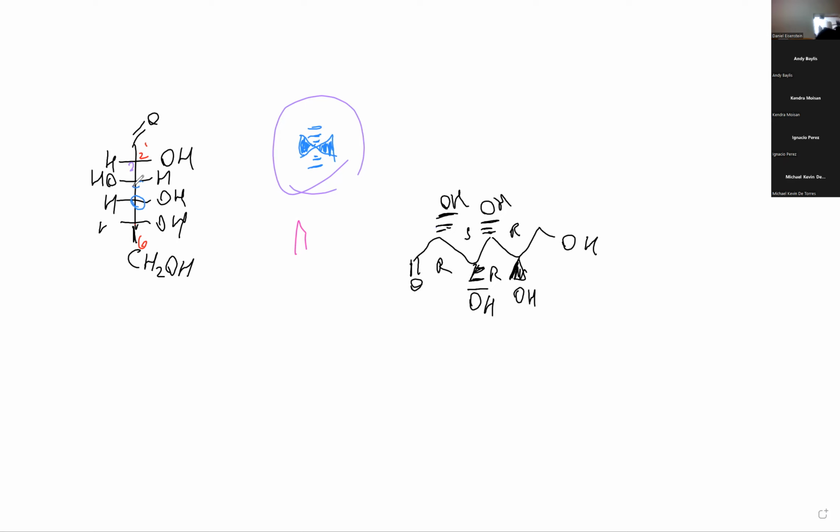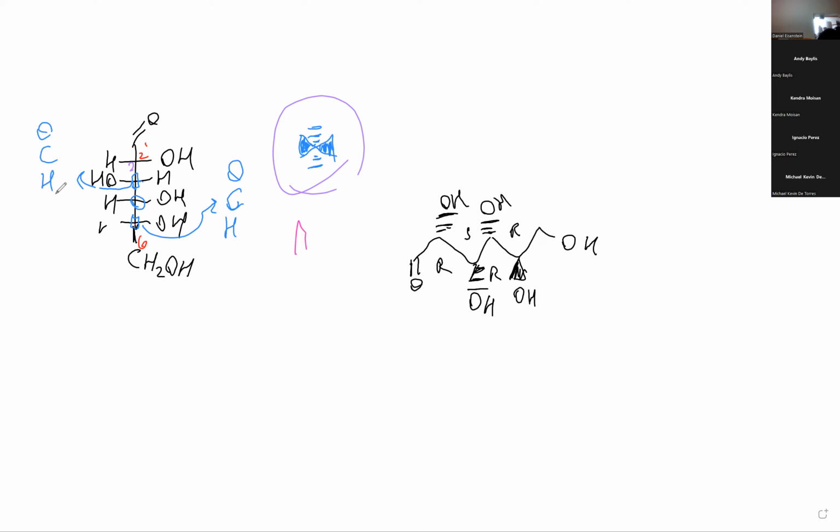If we go above, on those two boxed, I have a hydrogen and oxygen. A carbon and an oxygen. For here, I have a carbon, an oxygen, and a hydrogen.